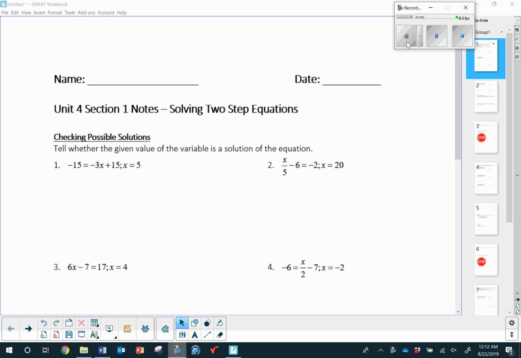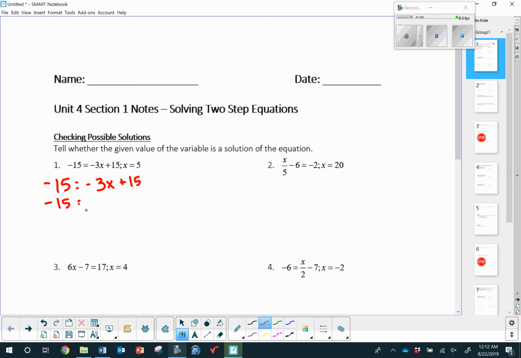We're going to tell whether the given value of the variable, so in the first example, x equals 5, is a solution of the equation. I'm going to plug that 5 in wherever I see an x. So I'll have negative 15 equals negative 3x plus 15.